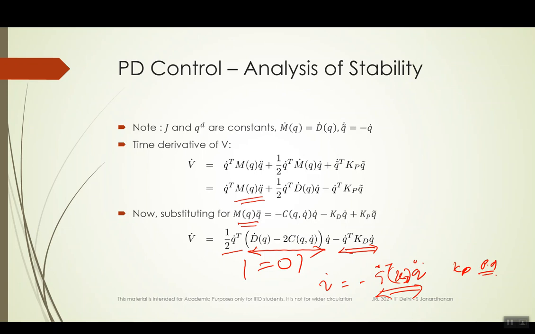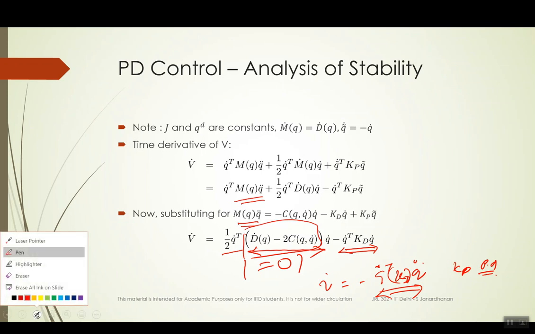So what we need to do is prove that the highlighted term becomes 0.